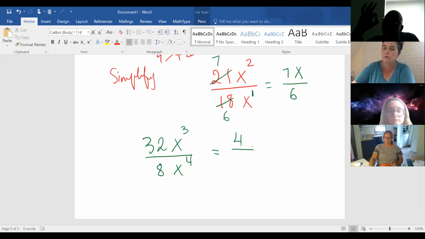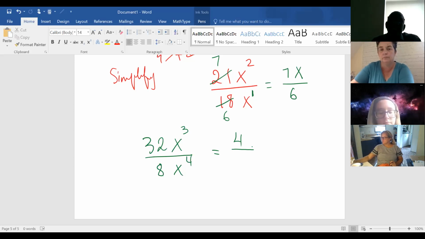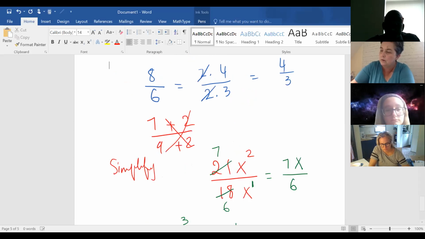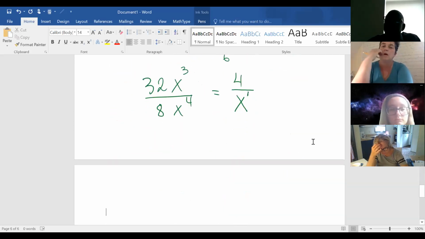Every time you do one exponent minus another exponent, you should put your answer where the big one is. So here 4 minus 3 is 1, so I get x to the 1 power here. If I did 3 minus 4, then I would have to put it at the top.